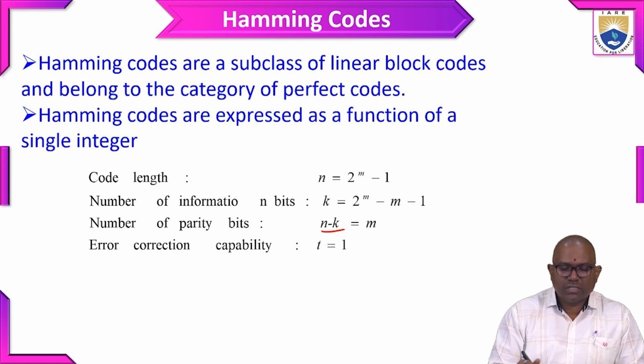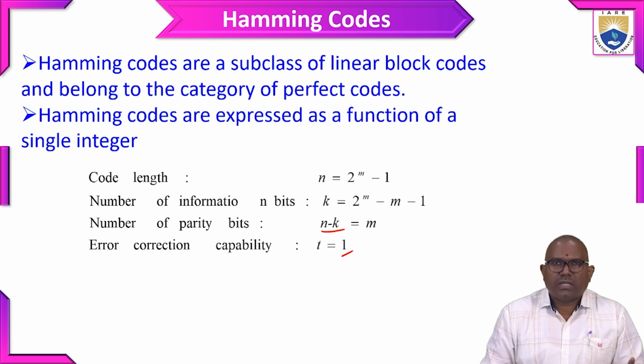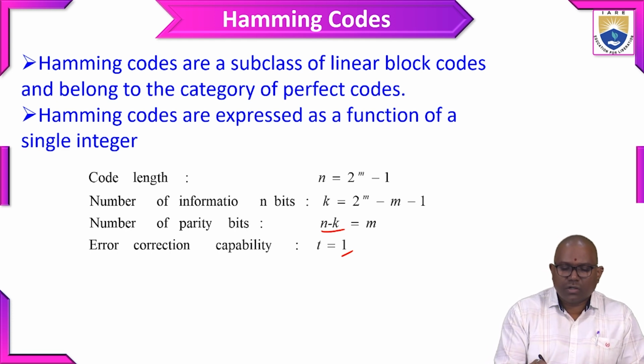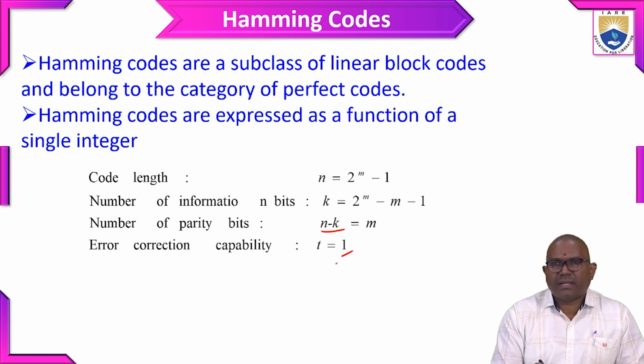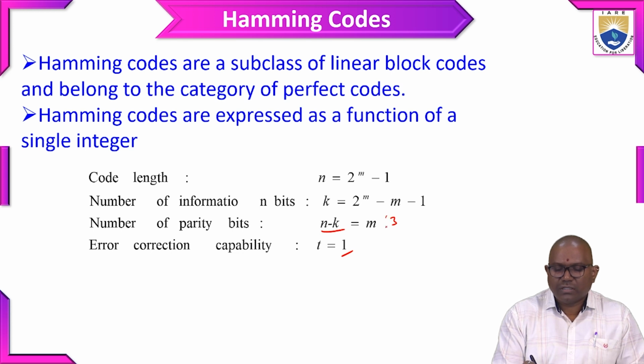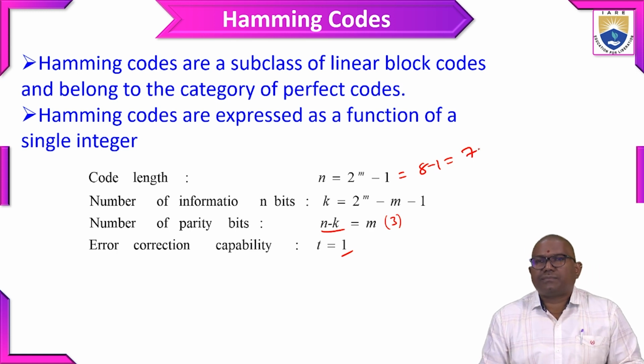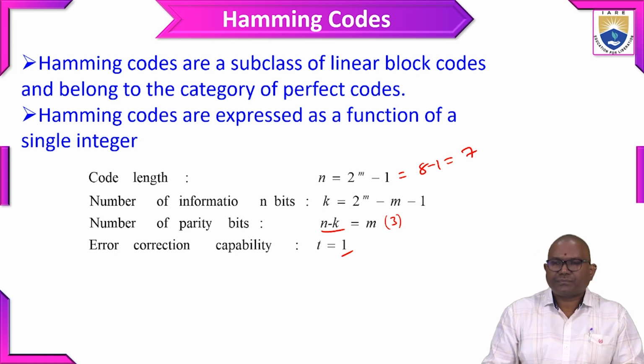Error correction capability is only 1. So basically Hamming codes are equal to block codes. Why? Here also there are n minus k parity bits and the error correction capability is also 1. Okay. So for example, you can say 3 parity bits are there, that is n minus k. So what do you get? 2 power m is 8 minus 1. What is my size? 7. Simple. Okay.